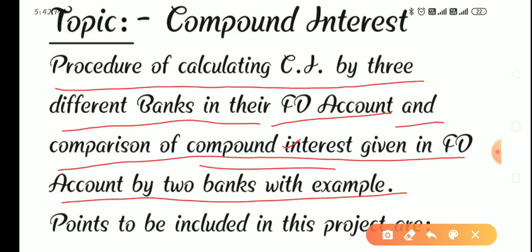Out of these 3 banks, you can take the comparison of compound interest of any 2 banks in your example. So this is the objective of this project.